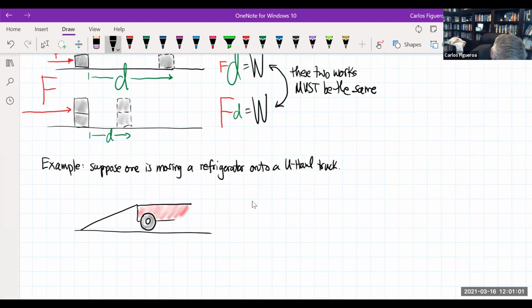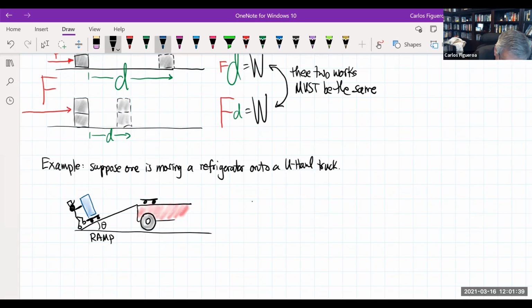So if you've got a ramp and you put the refrigerator onto this ramp, you can move that refrigerator up the ramp because you know how to push on a ramp as you're going up, right? So we know that this has some angle, and of course this is a ramp situation, and the whole goal here is to take that refrigerator and do what?